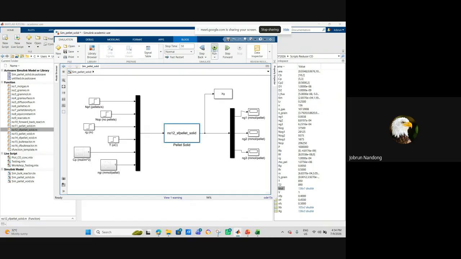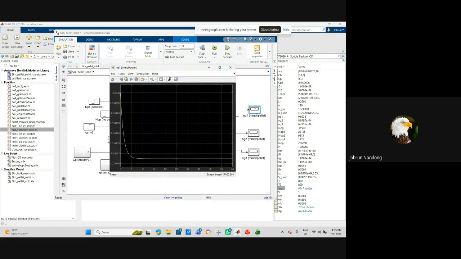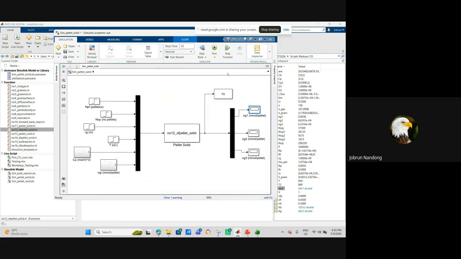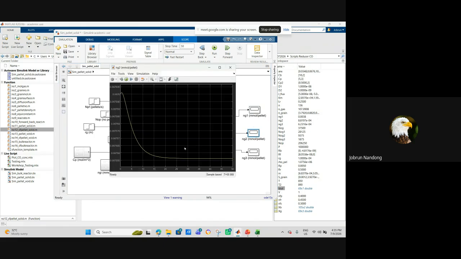Now, if you run this, what you get is a steady state value there. That means it should be a straight line, right? And this one is a very small value. It's okay. You don't need to bother with that. Now, let's say everything is correct already. The steady state value corresponds to your nominal value. Again, this is a very small change. We don't need to bother with that.